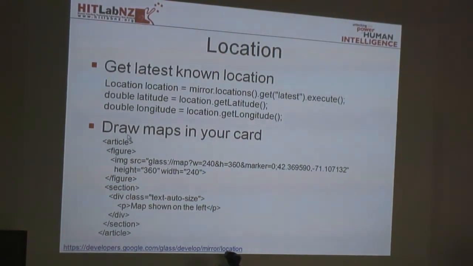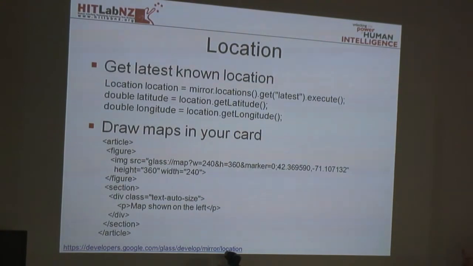While you are adding HTML text to your card, you can use this specific URL scheme with the width and height of the image you want to put in your card, and then you add this ampersand delimiter with marker at, this is the ID of the marker 0 at latitude, longitude, and the Google Map server will generate an image which is sized in this size. In this case, it's smaller than the card itself, but you can create it full screen.